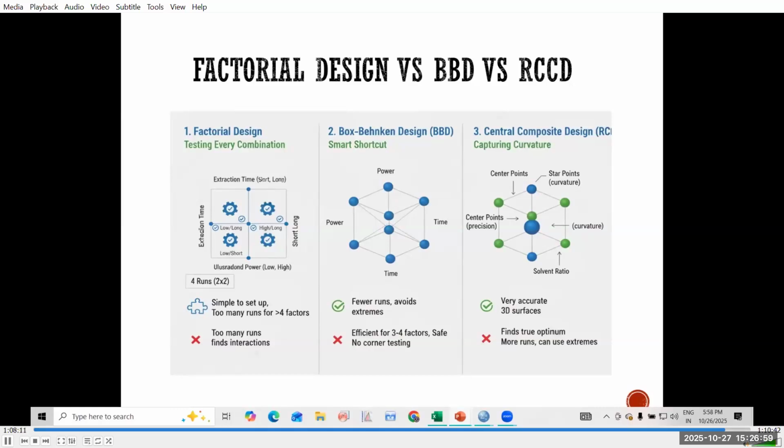It is like testing at the balance point, not too high or too low, to build the curved or quadratic model. In simpler words, it is testing by slightly changing the ingredients one at a time rather than trying every extreme combination.